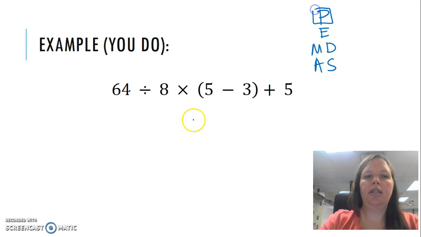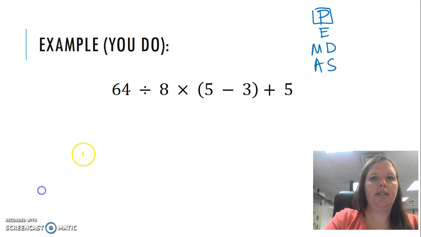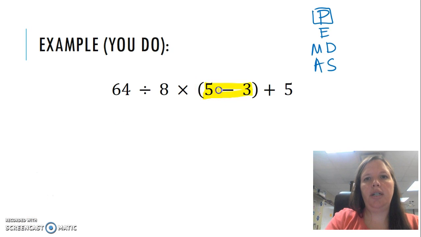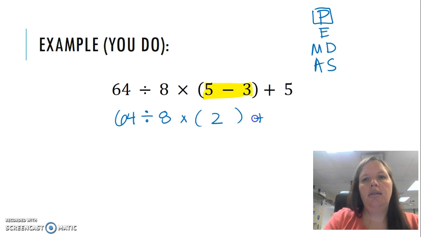parentheses first. I'm going to highlight. Parentheses first tells me to look right here, 5 minus 3. So I'm going to write the rest of the problem. 64 divided by 8 times, and inside the parentheses here I get a 2 plus 5. So I completed the parentheses.